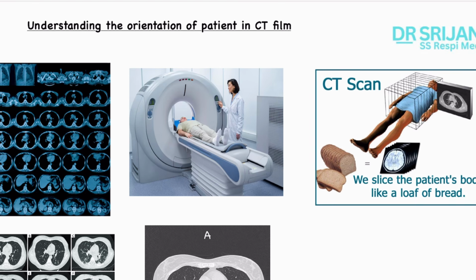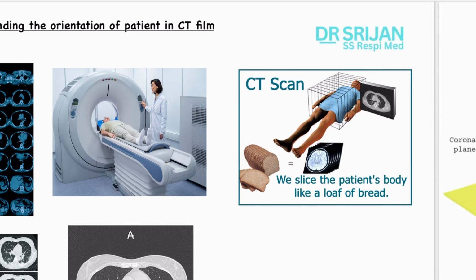In a busy OPD, just remember one thing. If your right hand points to a side, that will always be the opposite, that is, the left side. And if you hold a part of the CT with your left hand, that side will always be the right side. So coming to the next concept.